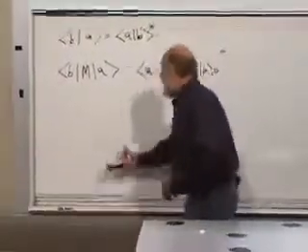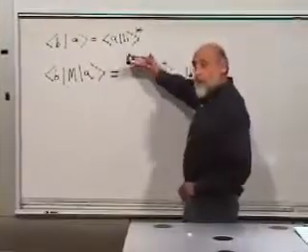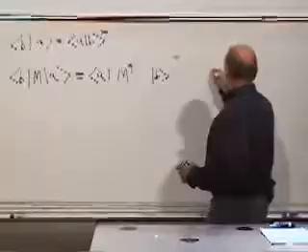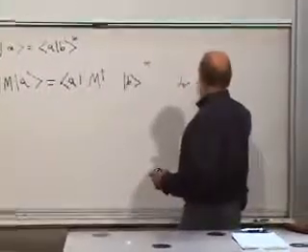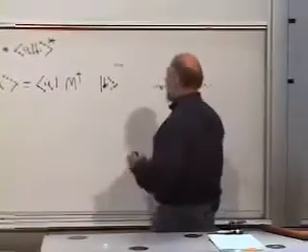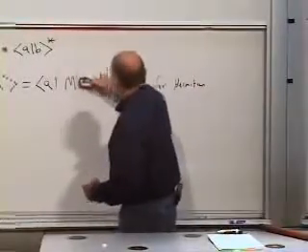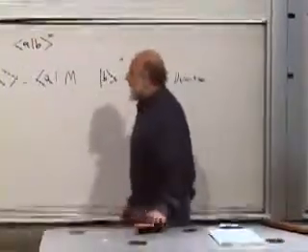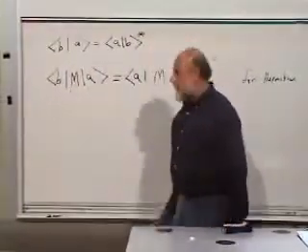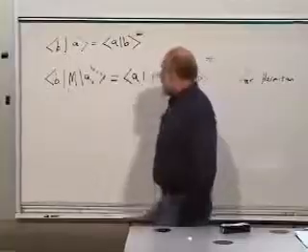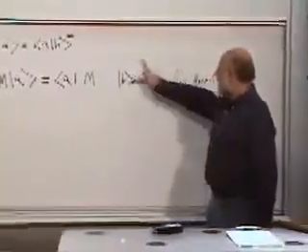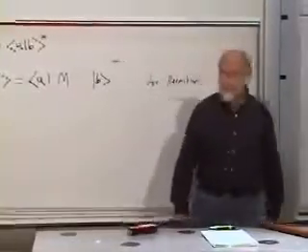So for a Hermitian matrix, and from now on, let's think about Hermitian matrices, this is called a matrix element. This is called the BA matrix element of M. The BA matrix element of M is the same as the AB matrix element of M, complex conjugated.